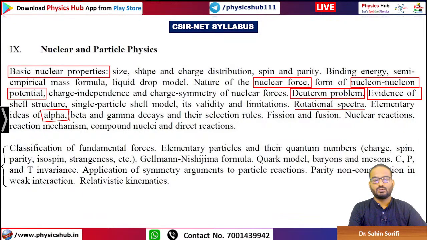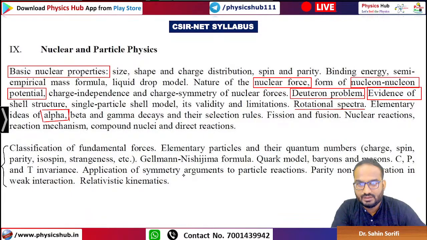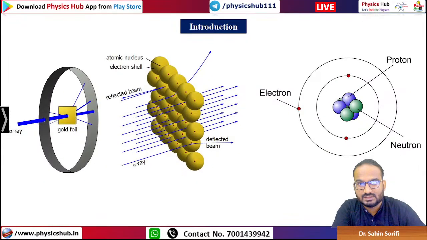With the help of the quadrupole moment, we will discuss the shape and what kind of charge distribution it is, whether it is prolate spheroid or oblate spheroid. And those who are preparing for BARC exam, this nuclear physics and particle physics part is very crucial for them. Now without any further ado, let's start with this.